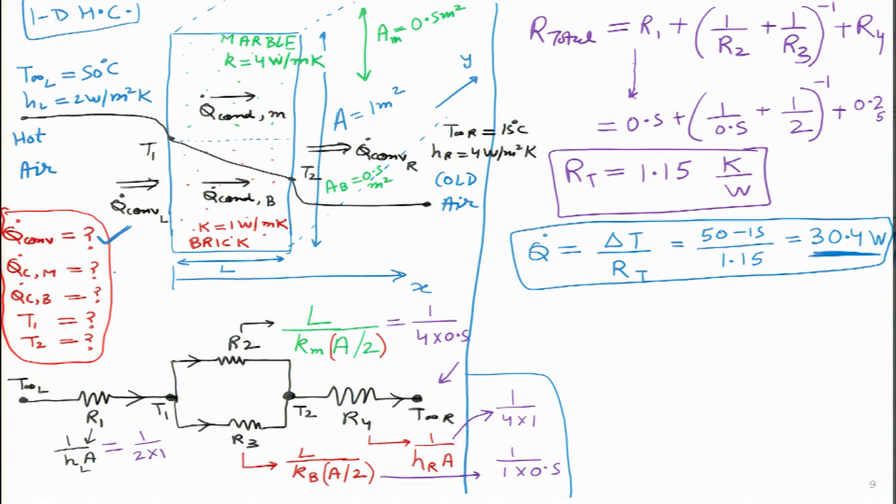Now, how much will go through the marble and how much will go through the brick? Again, if we think of the heat flowing over here, it is difficult to think like that, because heat is a non-living quantity and we are all living human beings, but resistance is something which we all face in our life. If we have two paths, in one path the resistance is less, in the other the resistance is more. Most of our feeling would be to go through the path where resistance is less, and this is exactly how nature also behaves.